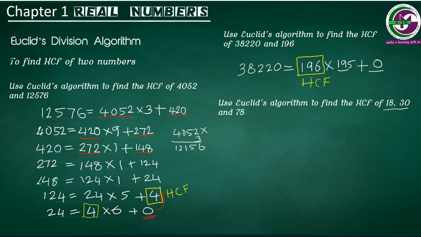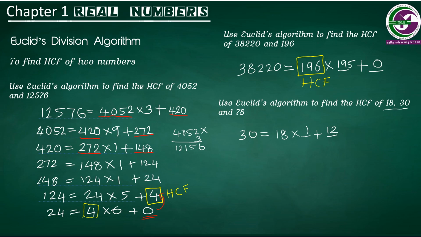We'll write 30 equals 18 times dash plus dash, right? So we need to find out. 18 times 2 is more than 30, so it will be 1 here. And we know the remainder is 12.